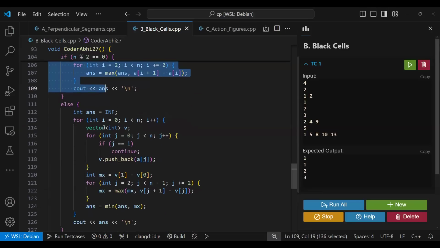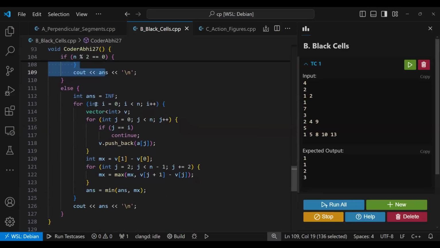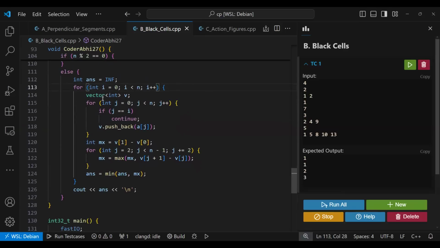Now for the odd case, you can exclude one of the elements. So I run a loop from 0 to less than n, where the element ai is excluded. If I'm excluding the ith element, I'll create a new vector that has the elements that are not excluded. If j is equal to i, I continue, and all the remaining elements are pushed back in v.